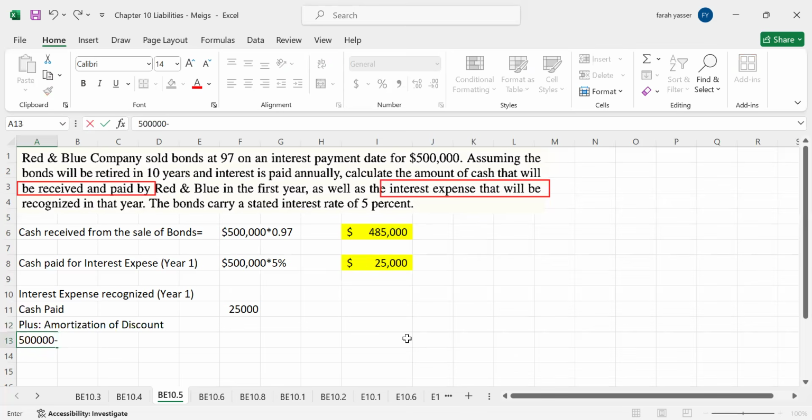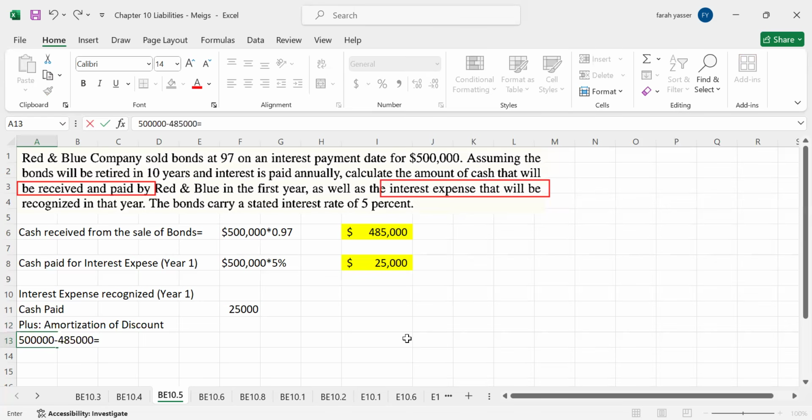So we deduct 4,85,000. The difference between these two amounts, the face value and the bonds issued value, would be 15,000.